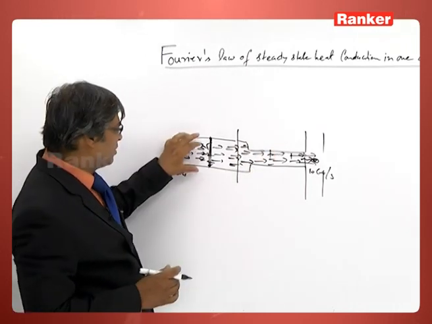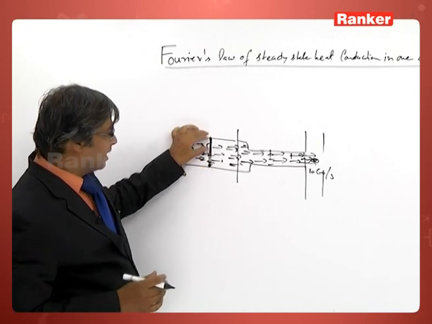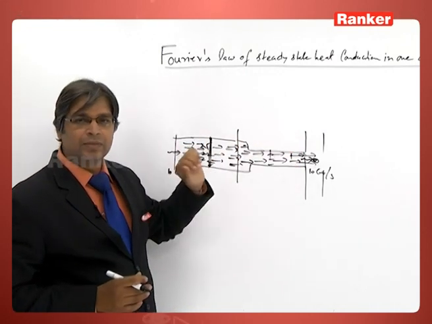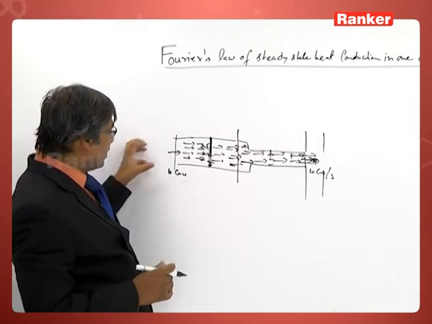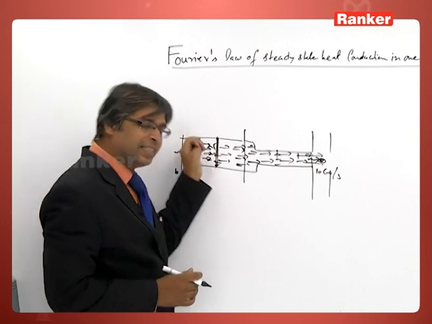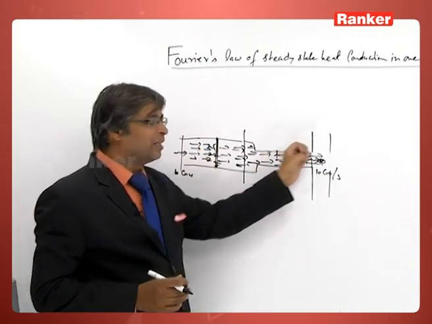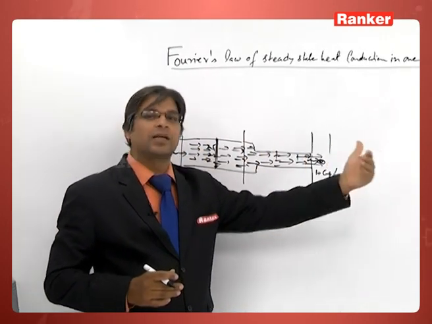That does not mean that the flux per unit width will be the same everywhere. When I say steady state, whatever cars or heat are coming at one cross section must leave at all the cross sections.